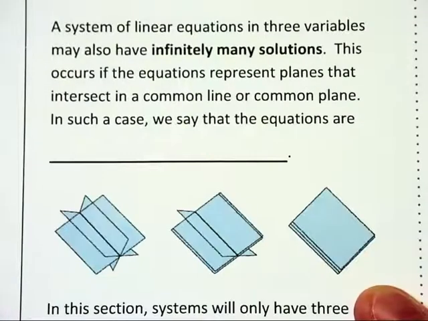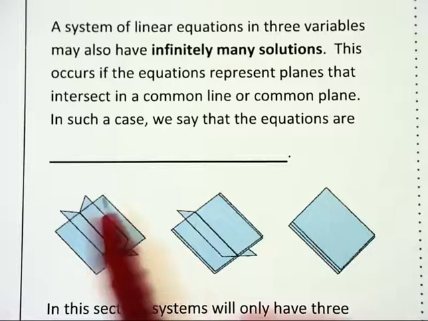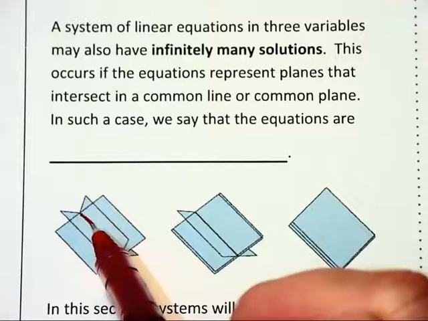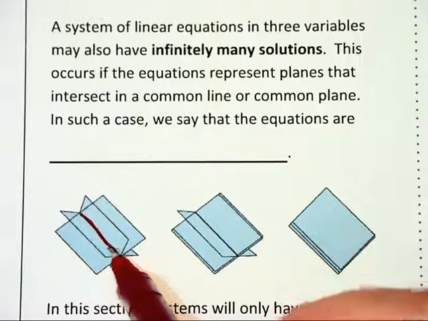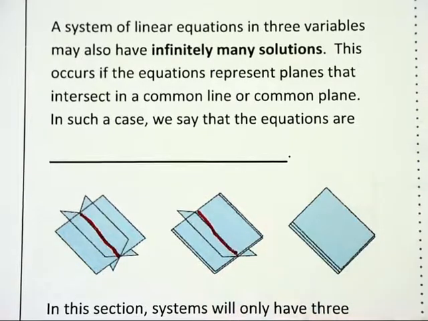It is also possible to have infinitely many solutions, as you can see in the pictures here at the bottom of the screen. In this first and second case, the planes all intersect in the form of a line, and so a line will be the intersection here.